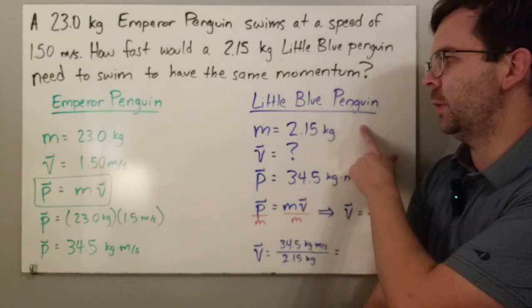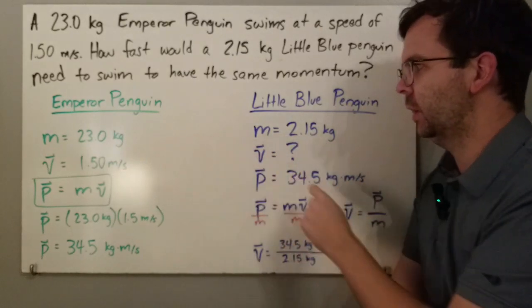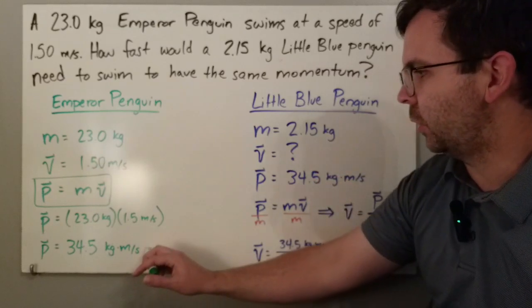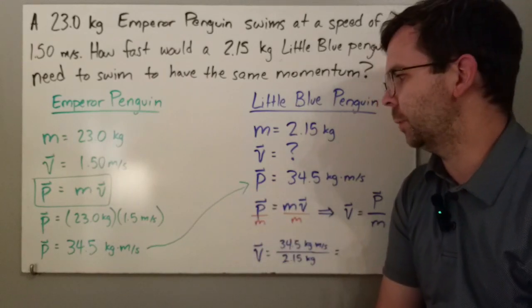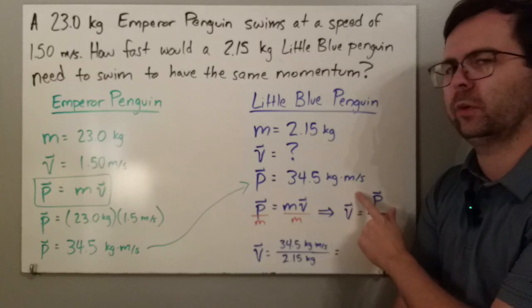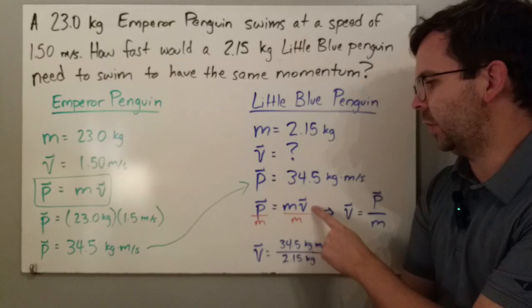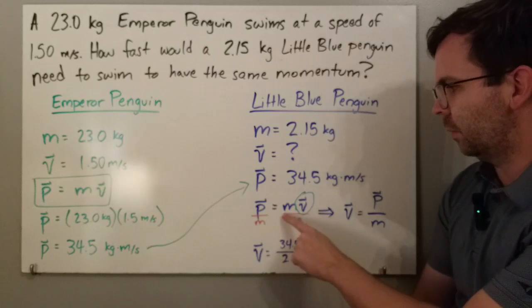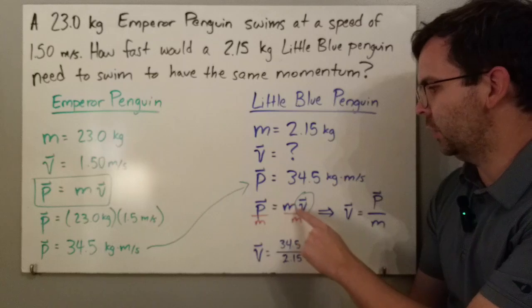So for the little blue penguin, the mass is 2.15 kilograms, much less than 23. We don't know the velocity, but we do know that we're going to use this momentum over here as our momentum for the little blue penguin. So that's 34.5 kilograms times meters per second. Momentum is mass times velocity, but in this case, we're solving for velocity. So we need to get rid of whatever is next to it and do some algebra. We need to undo the multiplication.